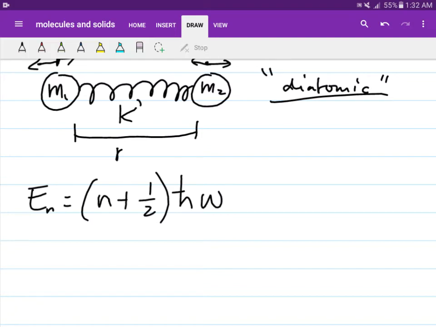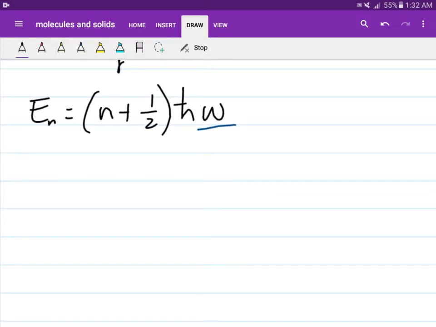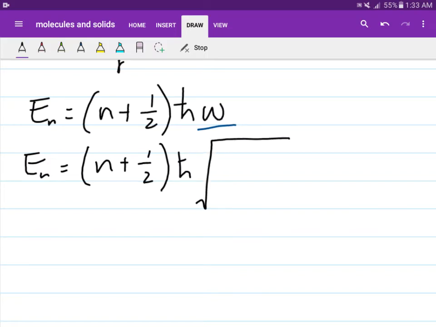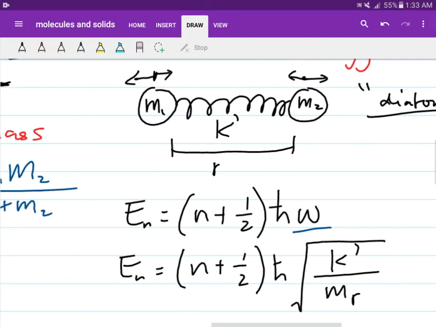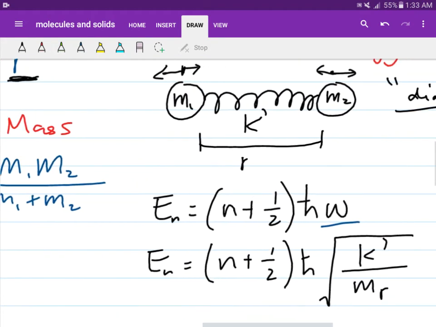Now, this omega term is quite different from the omega on the quantum harmonic oscillator. So this omega term is actually equal to square root of k prime over the reduced mass. So k prime is sort of like the spring constant of the modeled spring, and mr is the reduced mass that we have discussed earlier.